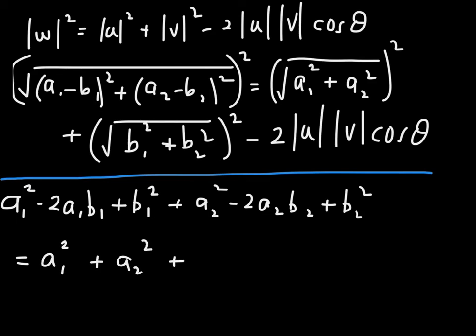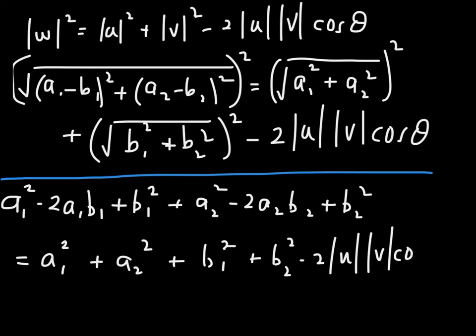Plus, over here, this square root is now gone because of the squaring, and you're left with b sub 1 squared plus b sub 2 squared minus 2 times the magnitude of vector u times the magnitude of vector v times cosine of our angle theta. All right.